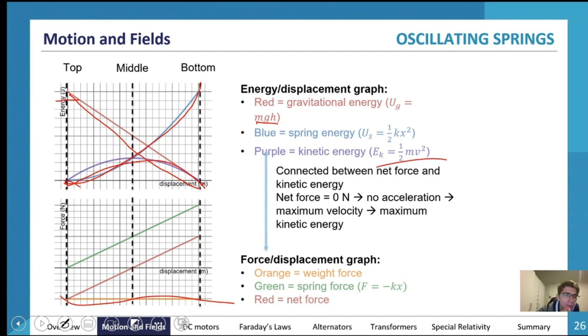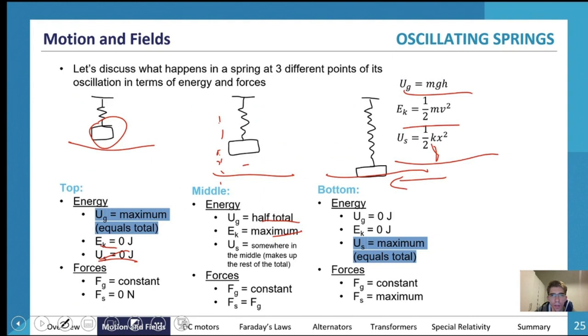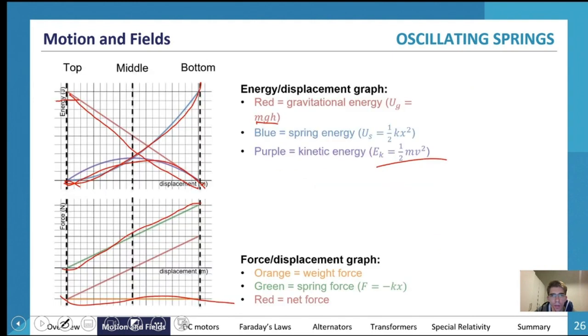The force that is applied by the spring obviously linearly increases the further the spring falls down, right? And the net force will essentially be somewhere in the middle.